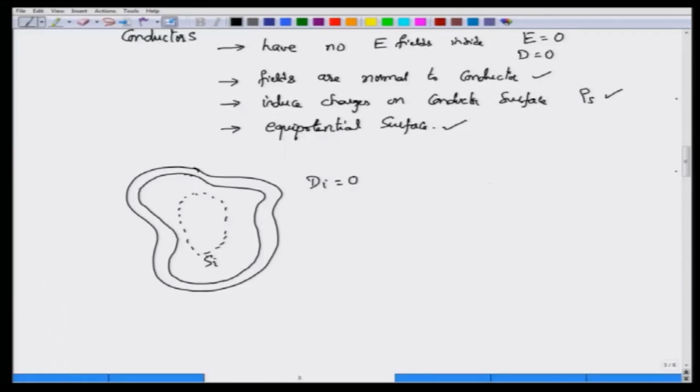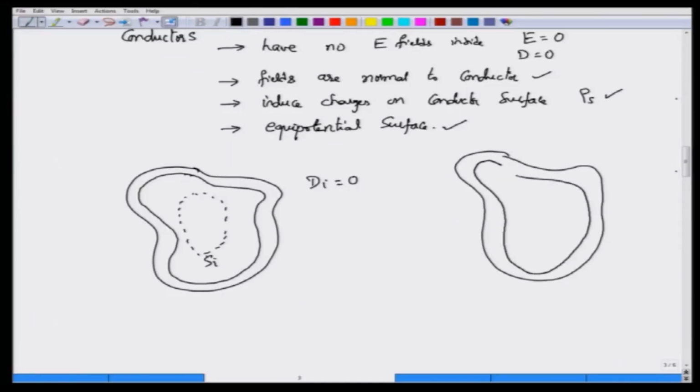Now, imagine what happens when this arbitrary metallic shell is exposed to some charges. It could be by inducing a charge. When I induce a charge, these charges would start accumulating on the surface of the conductor, and still there will not be any electric field inside the interior.